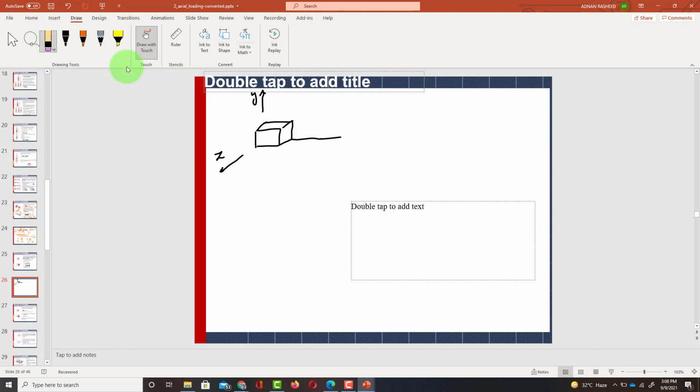Let me remove this a bit. If this direction is x and you applied a load that is sigma x, clear? In this condition sigma x is there, but sigma y and sigma z are zero.